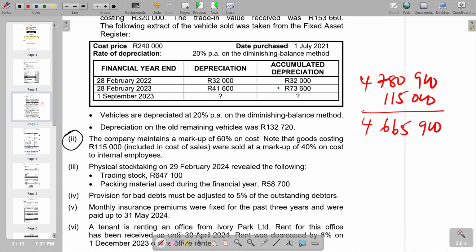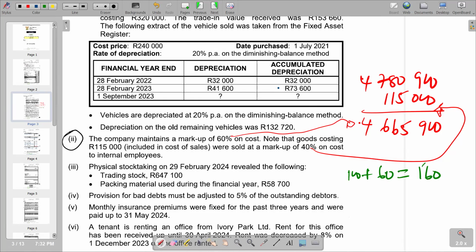So remember, these ones are using the markup of 60%. And the ones that are using 40% are these ones, 115,000. So we calculate them separately. For the 4,780,900, remember the representation in terms of our markup of 60% is 100% plus 60%, which will give us 160% as our sales.